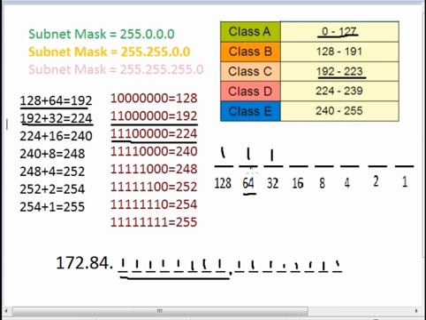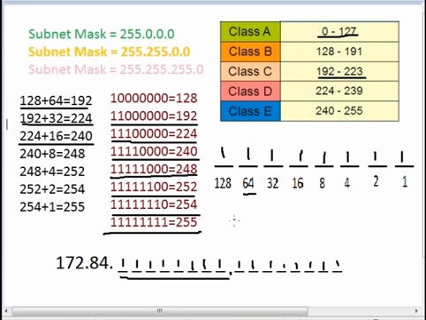When the fourth bit is 1, it is 240, 224 plus 16. When the fifth bit is 1, it is 248. Sixth bit is 1, 252, 254, 255.